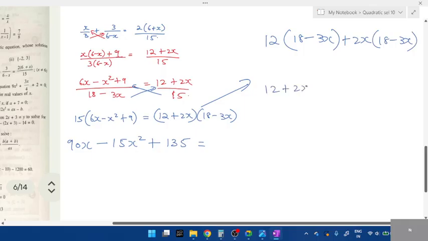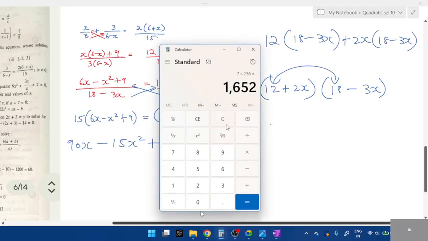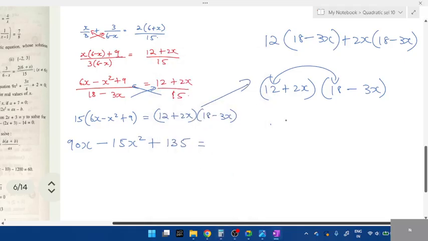Okay, I'll tell you where you are going wrong. I think Kefera or some student has done it like this. 12 into 18, you have multiplied, 216. After that, this 12 you're supposed to multiply with the other term as well. I think it was Kefera.